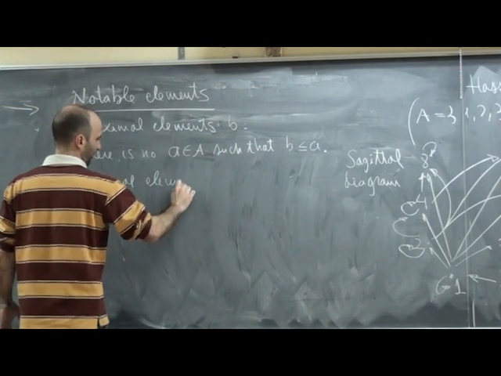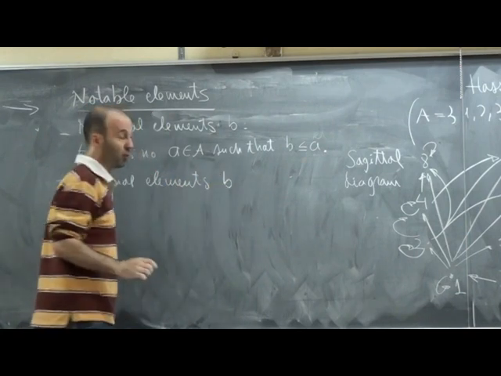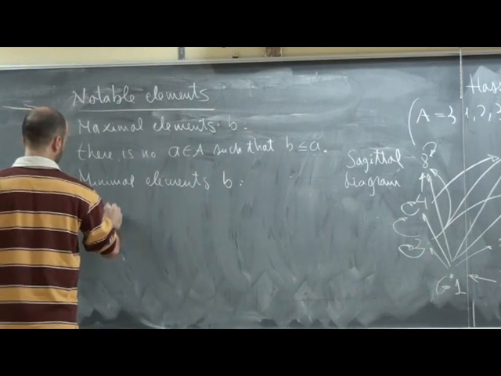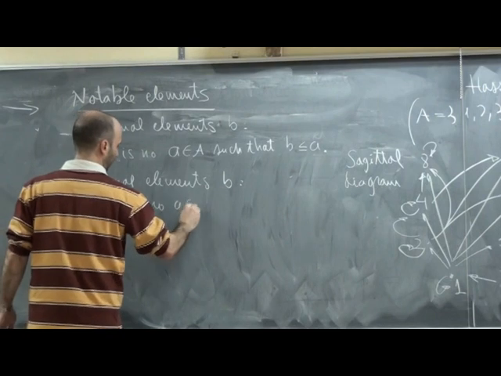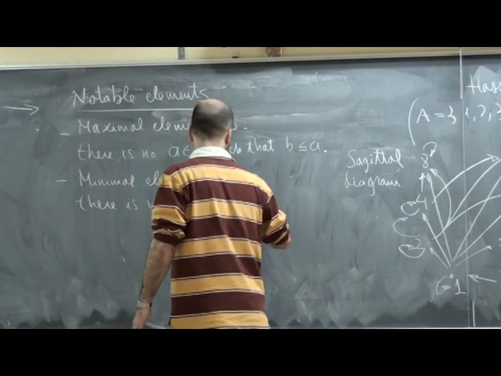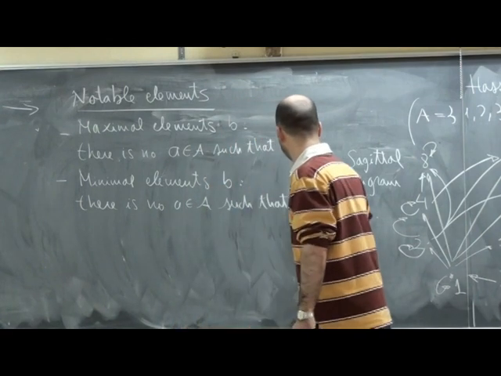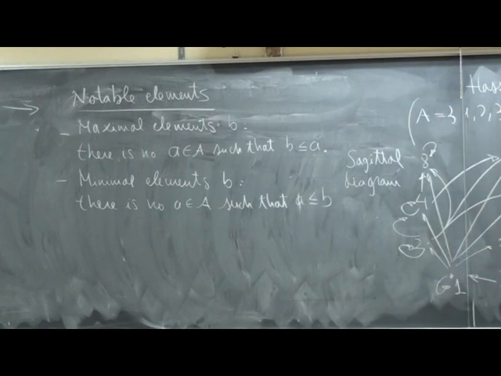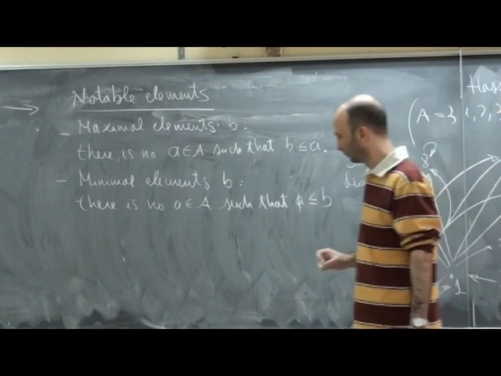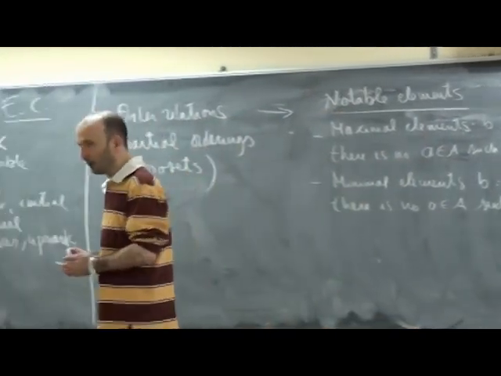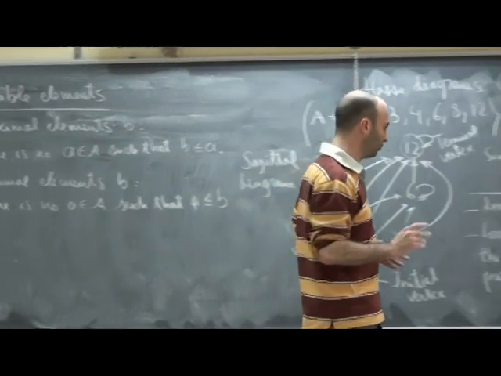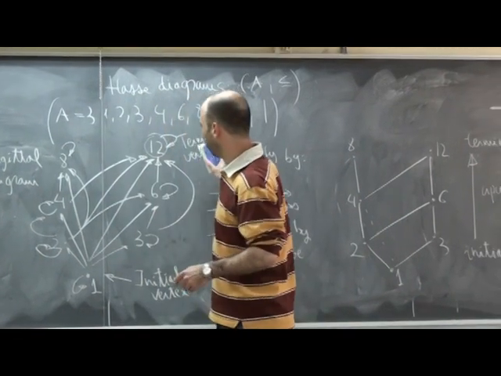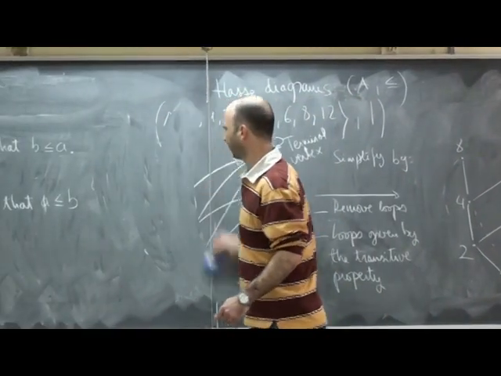A minimal element, and there might be more than one, is an element such that there is no A with A less than B. Okay, so usually you work on the Hasse diagram because this is quite messy.